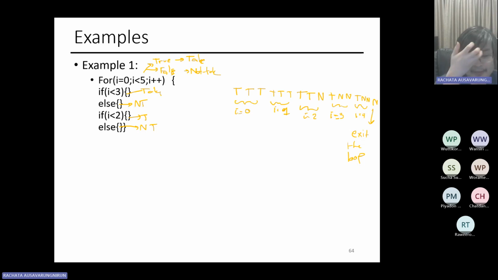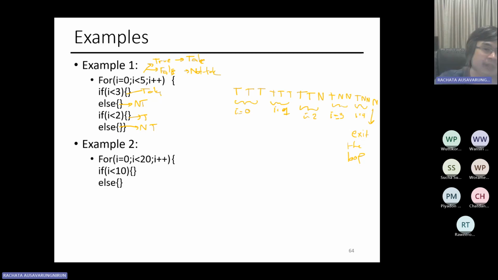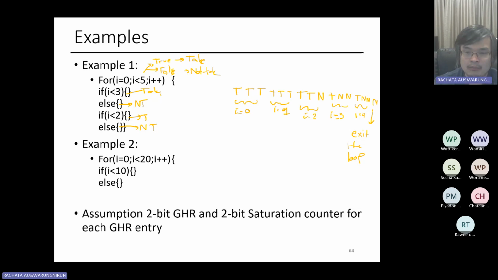So now let's go through our example using the global predictor. You can do example 2 on your own, you can try example 2 on your own in this class, so let's do example 1. Let's assume that GHR is 2 bits. So n is going to equal 2.